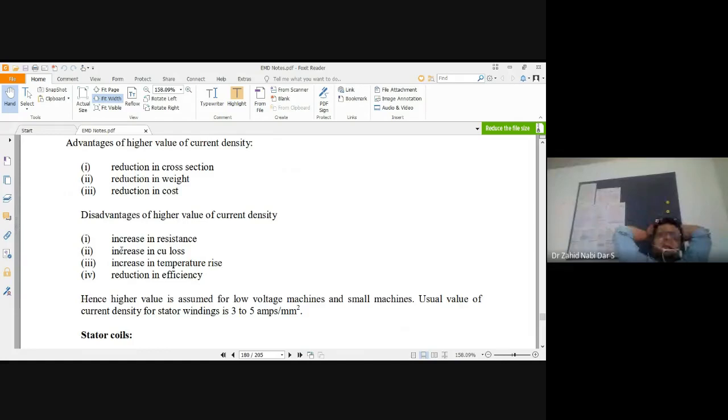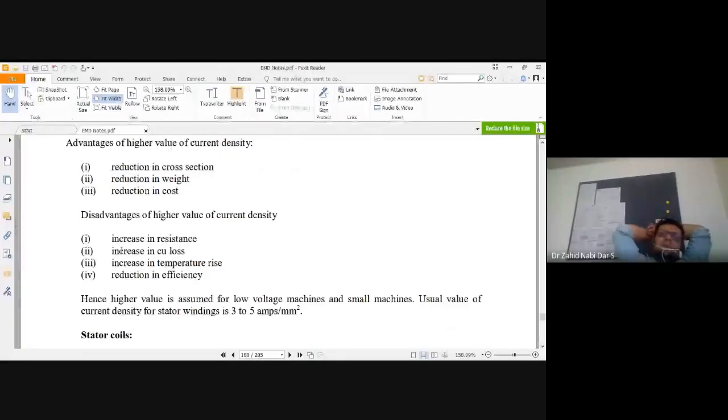Now, if your cross sectional area decreases, the resistance increases, and once your resistance increases, it will automatically increase the copper loss, because the I square R loss will increase. Now this loss is dissipated in the form of heat, so more heat would be generated.